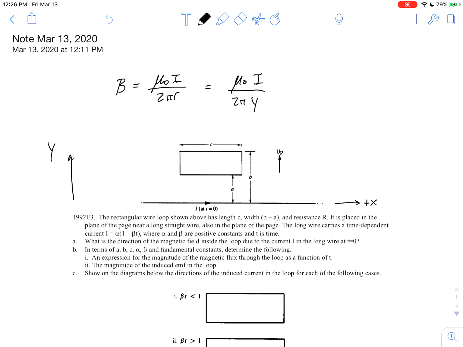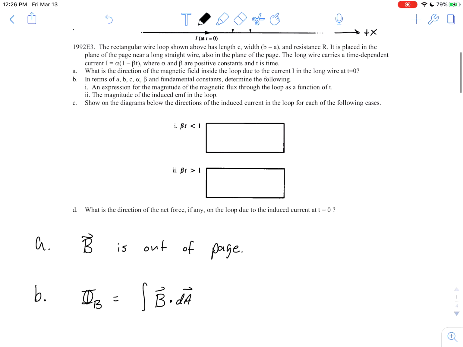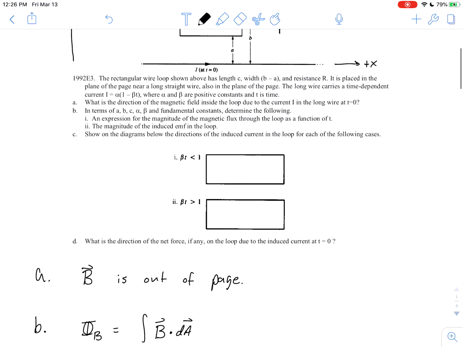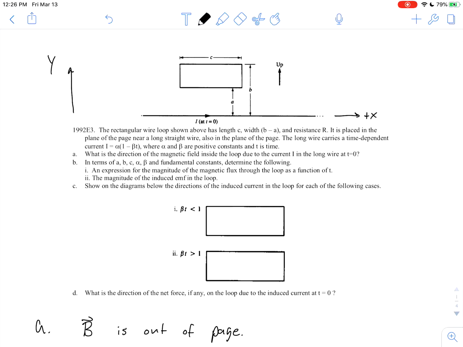So what we have to do in order to apply this integral is split this up into tiny pieces of area where we can find the flux through each tiny piece of area and then sum that up throughout the whole loop of wire, just like you would in calculus.